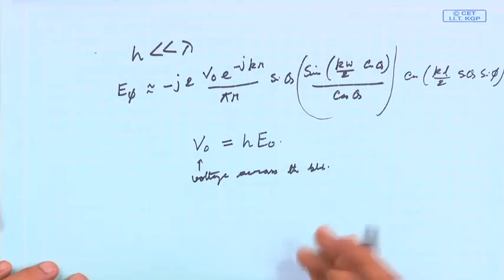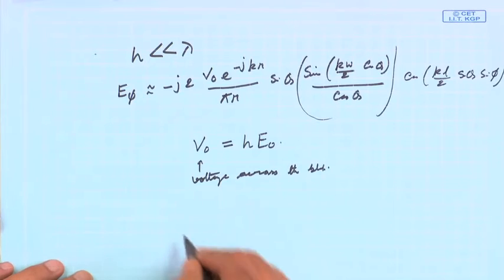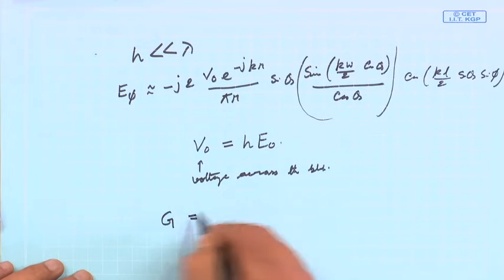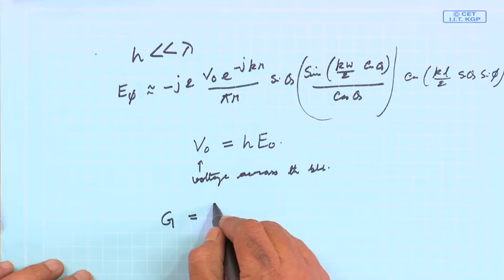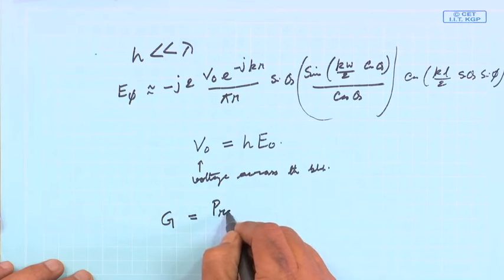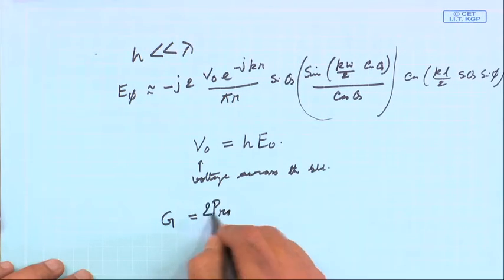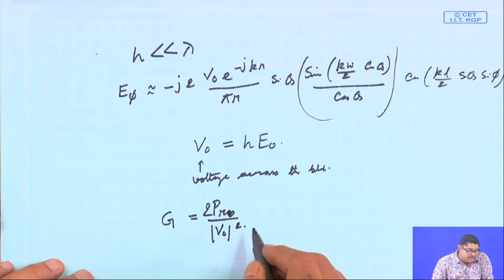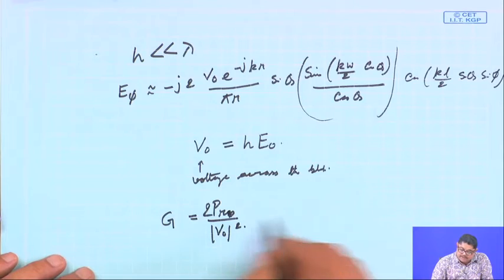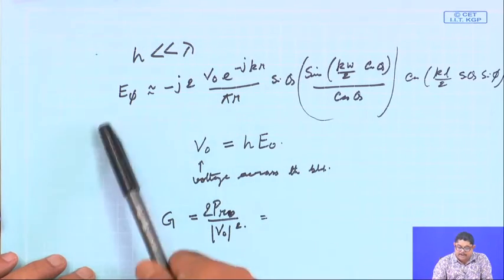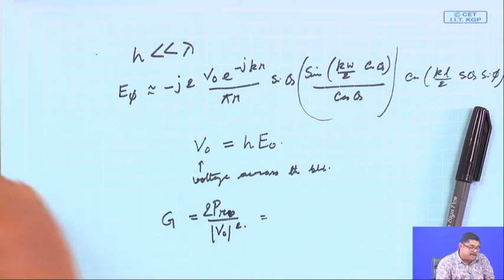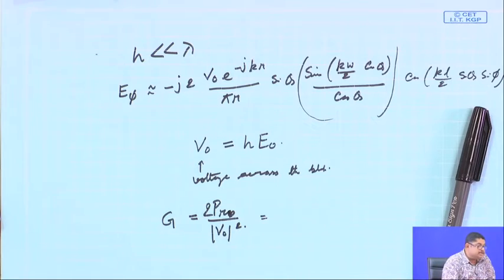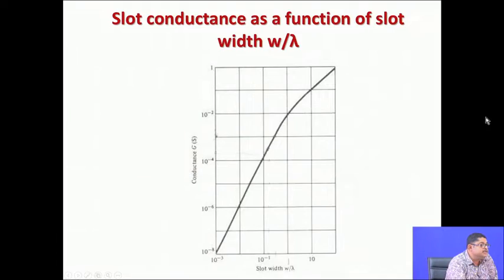Microstrip antenna people call the inverse of that the conductance. So, what is the conductance? It is P rad, or PR, into 2 by V naught square. If you know the field you can find PR. Let me see the graphs.